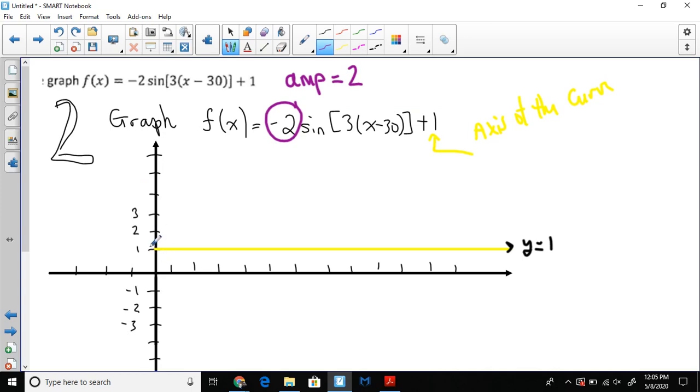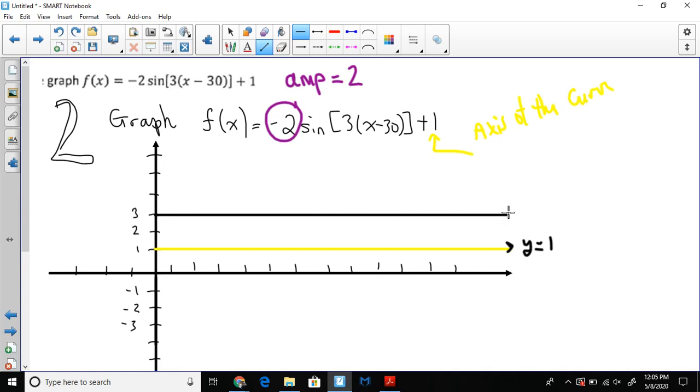So 2 up from the axis of the curve is going to be the max. 1 plus 2, so that's going to be at 3. And then 2 down, so that's going to be at -1.